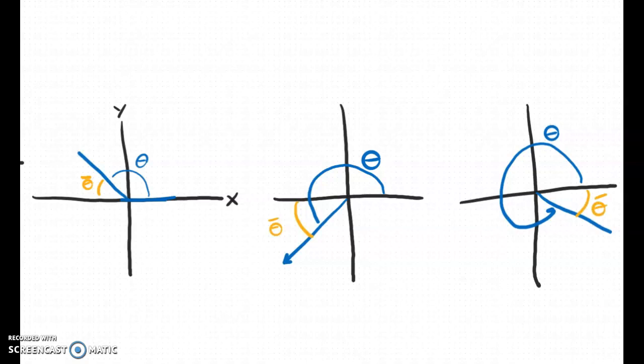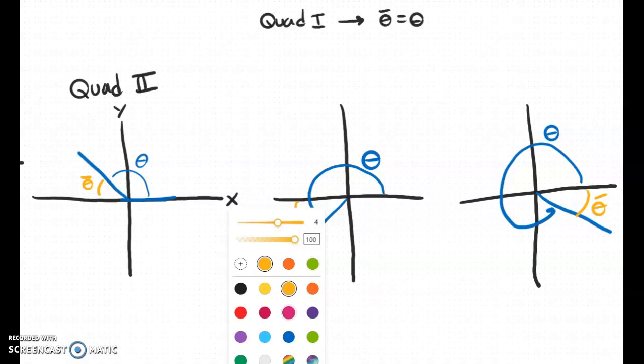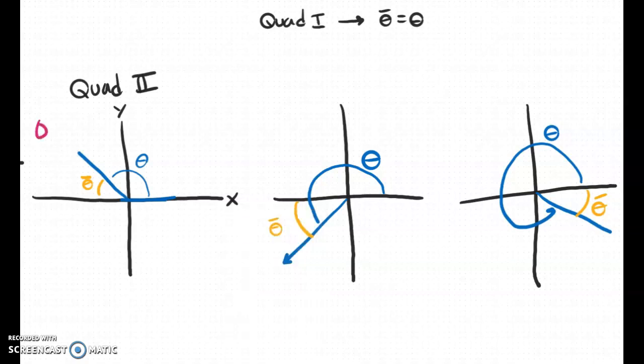So how can you calculate your reference angle? Each quadrant has its own formula. So if your angle falls into quadrant 1, we already mentioned this, the reference angle is the same as the original angle. But if your angle falls into quadrant 2, then you calculate your reference angle by taking 180 and subtracting theta.